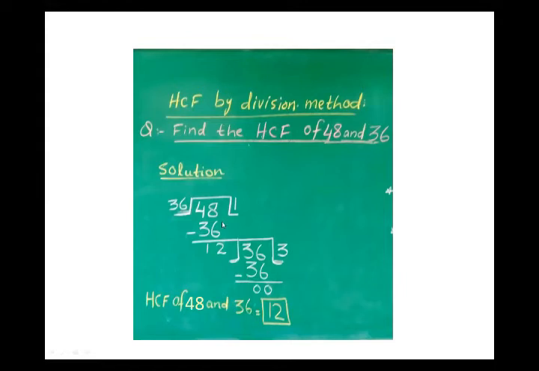So here you can see that the HCF of 48 and 36 is 12, because 12 divides 36 completely with no remainder. That's why we pick 12 as the HCF of 48 and 36. You can understand the method.